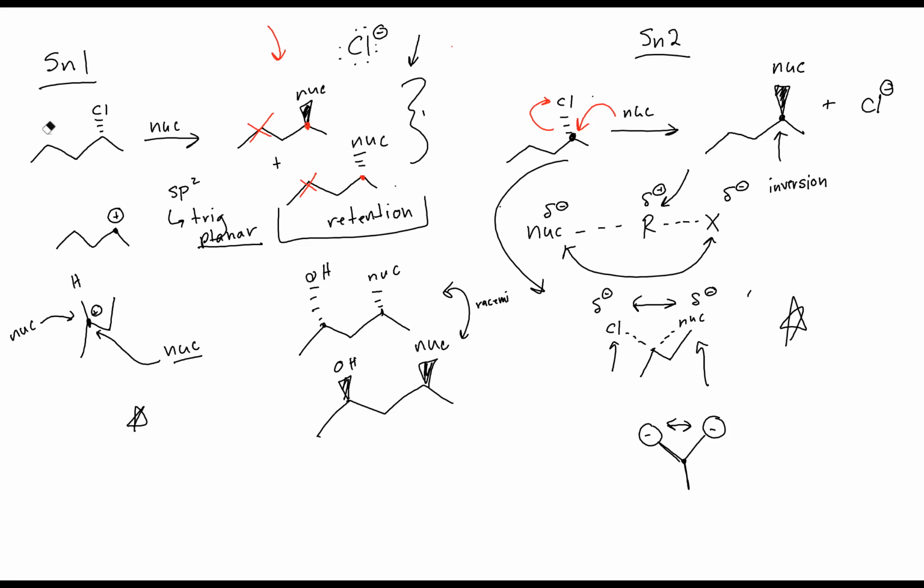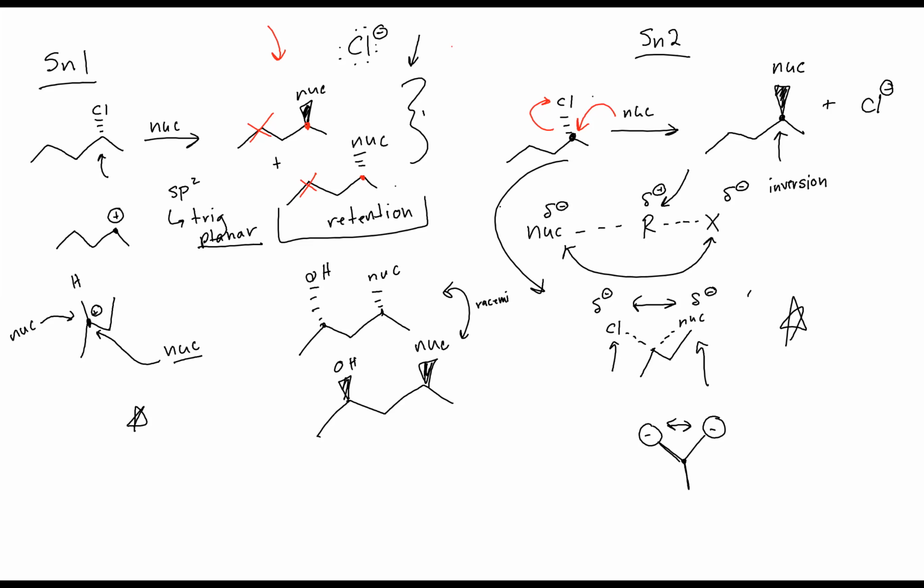So as far as Sn2 or Sn1 is concerned, we will form enantiomers when we only have one stereogenic center at the position of the substitution. We will end up with diastereomers if we have more than one stereogenic center. So usually, most of the time, we'll end up with two products for Sn1 and one product for Sn2.